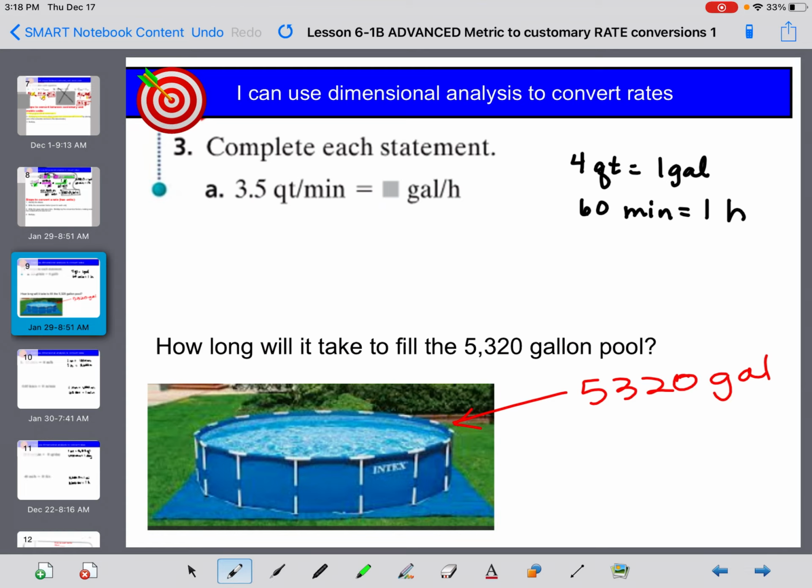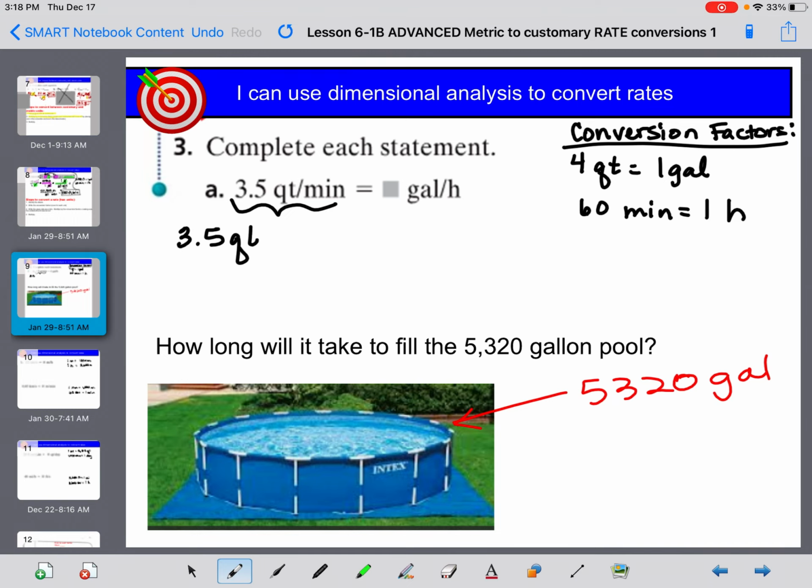Let's try this one. 3.5 quarts per minute is how many gallons per hour? You'll see that over here on the side, I have my conversion factors already listed for me. I start off, step 1, write my given information as a ratio. 3.5 quarts over 1 minute.